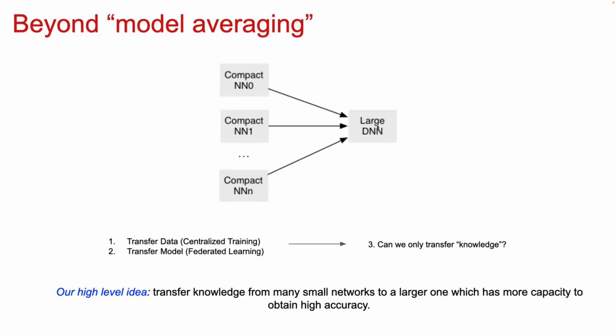So the high level idea here is, could we formulate federated learning as a knowledge transfer from compact models at the edge to a large model at the server? And this way, the problem can be viewed as a federated knowledge transfer.